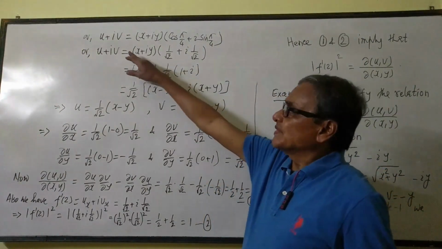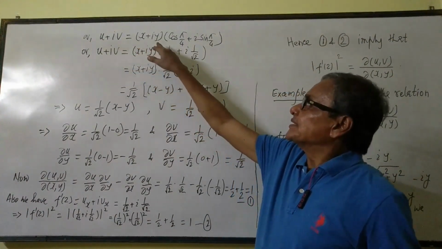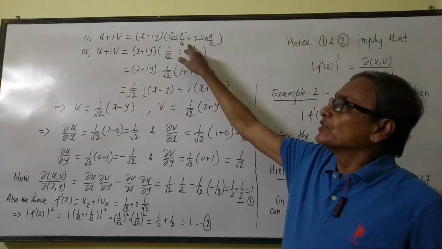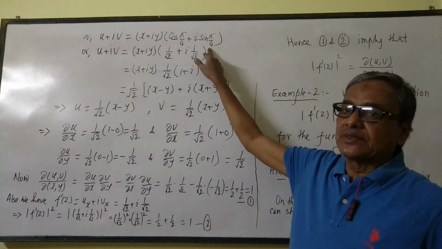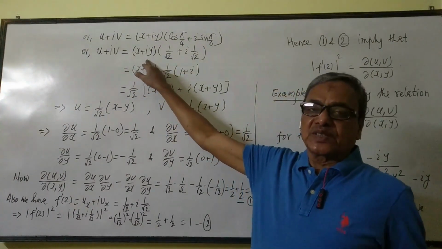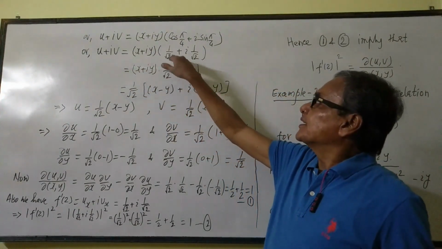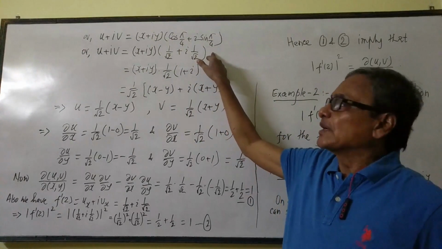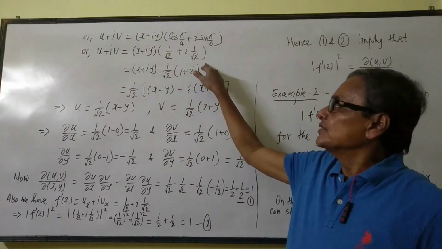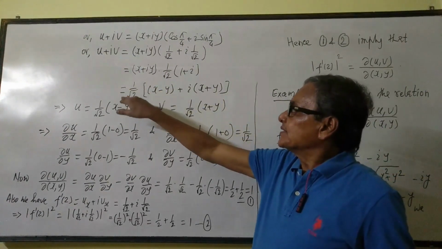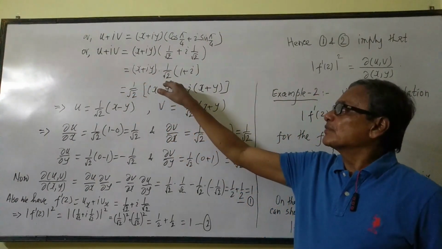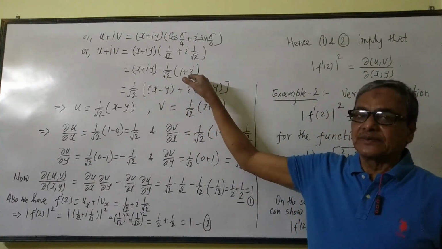Now we have u plus iv is equal to x plus iy times cos pi by 4 plus i sin pi by 4. These are the values of cos pi by 4 and sin pi by 4, so it is 1 by root 2 plus i times 1 by root 2. That is equal to x plus iy times 1 by root 2 times 1 plus i.